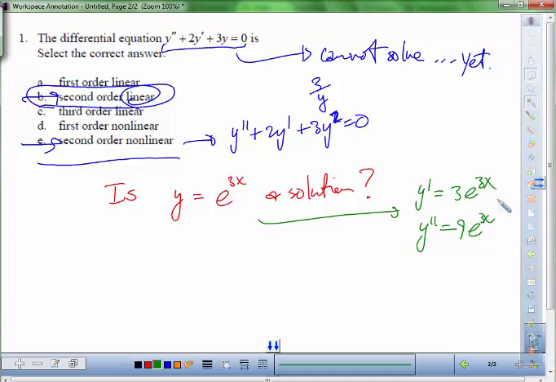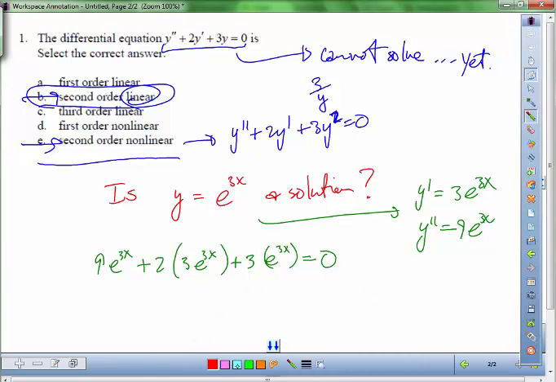So take the first and second derivative of the equation and then plug it in. So plug it into the original differential equation.